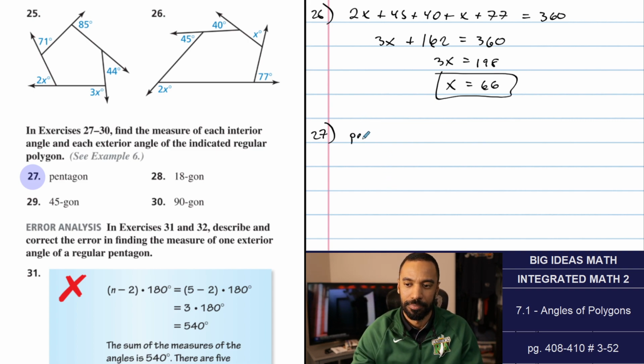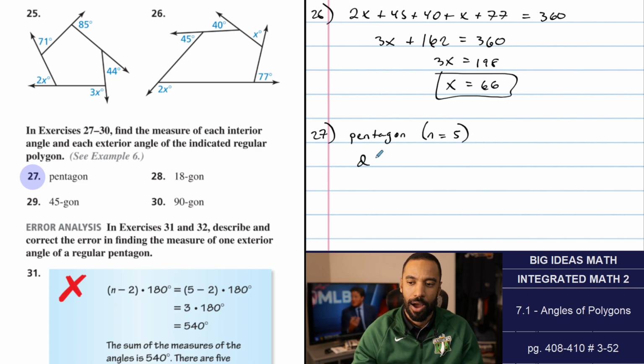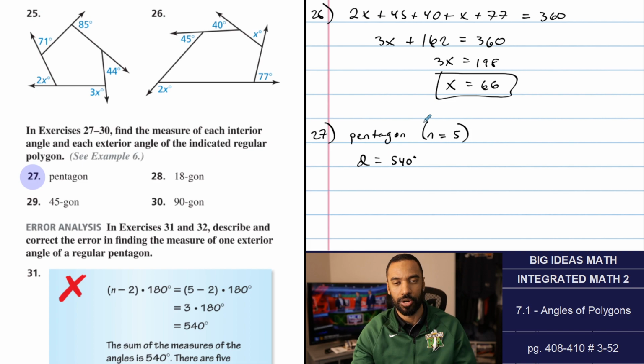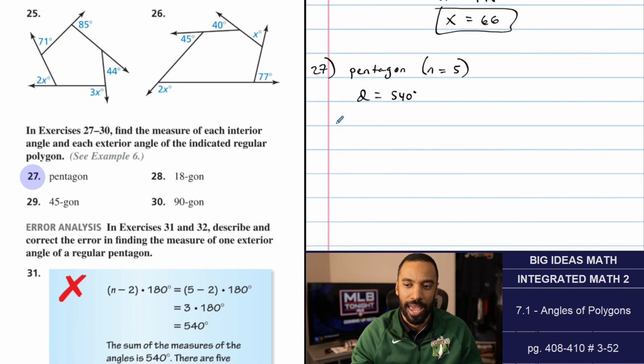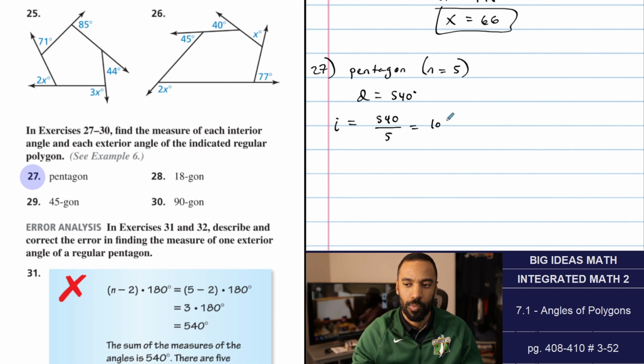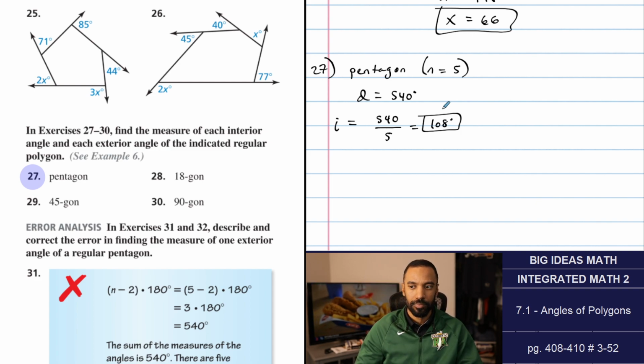So a pentagon where n equals 5, our interior angle sum is 540 degrees. That's not what they asked for, though. They asked for the measure of each interior angle. I'm going to mark it with I. I is your degree sum divided by your number of sides. That's 108 degrees. Okay? That's how you find that one.